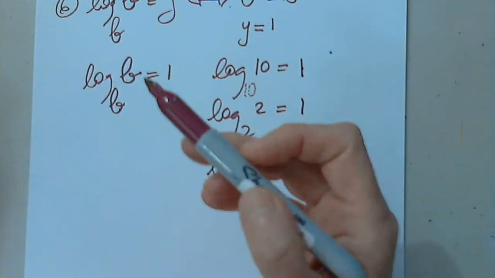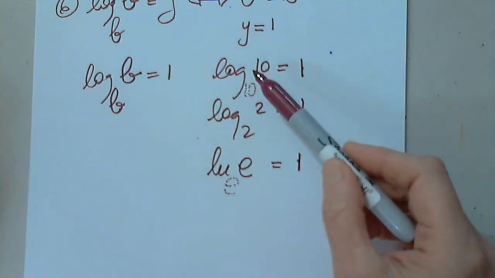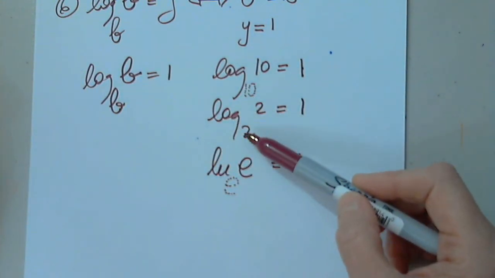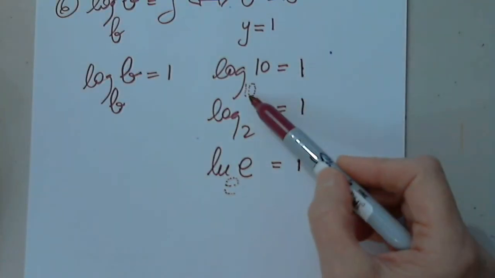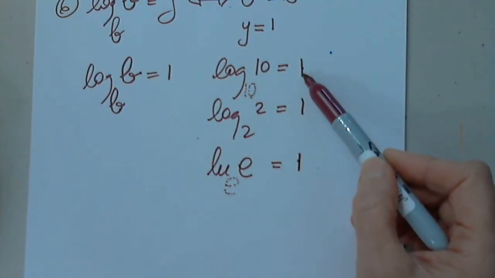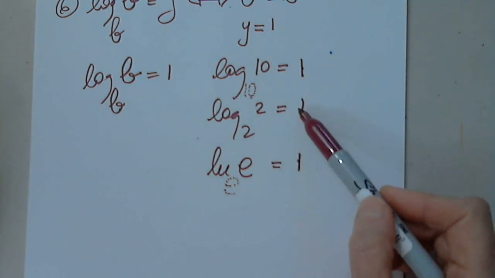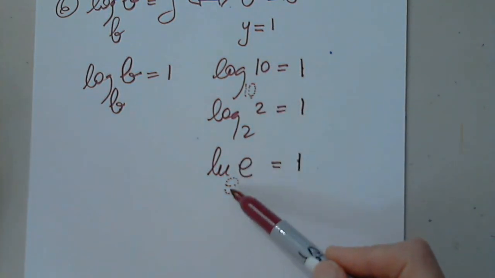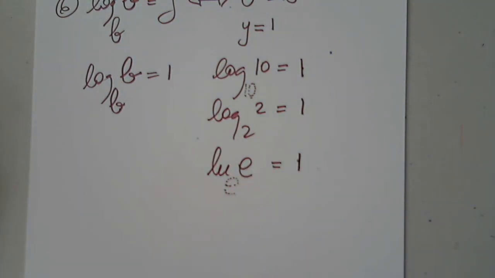Exactly. So log in any base of the base itself: log base 10 of 10, log base 2 of 2, log base e of e. What if you forget? 10 raised to this power equals 10. 2 raised to this power equals 2. e raised to this power equals e. Feeling better about it?